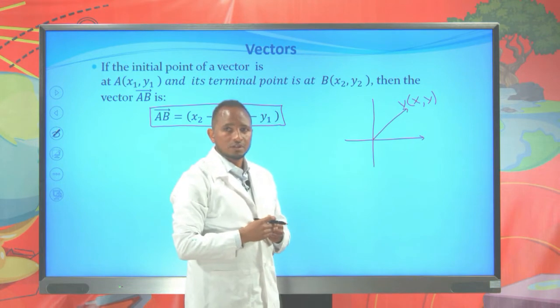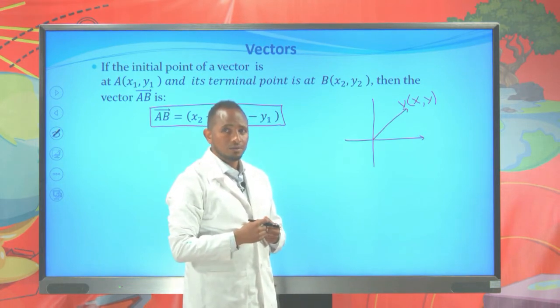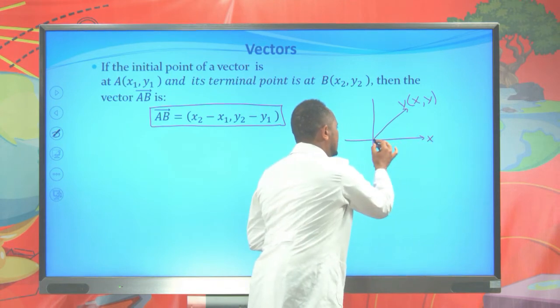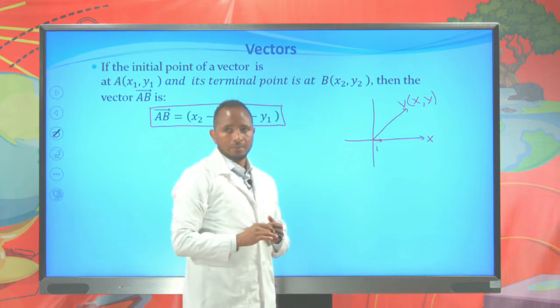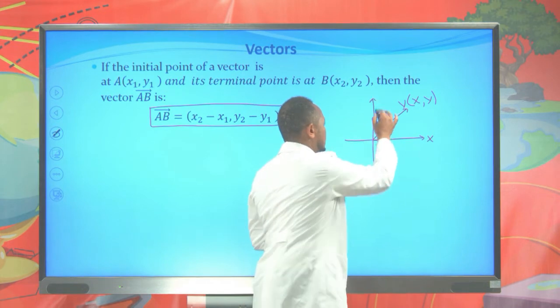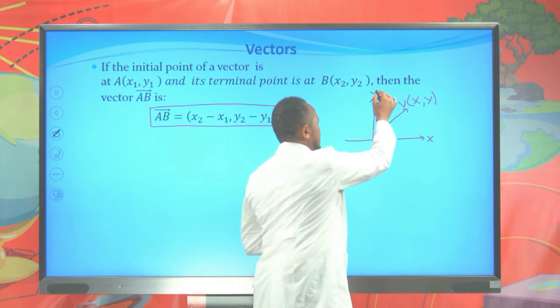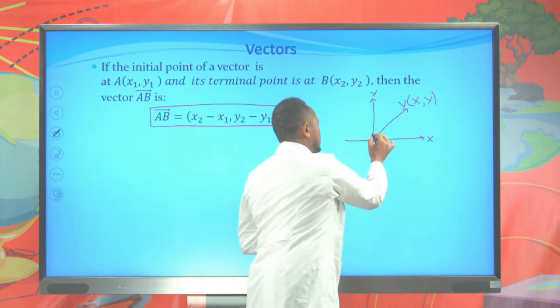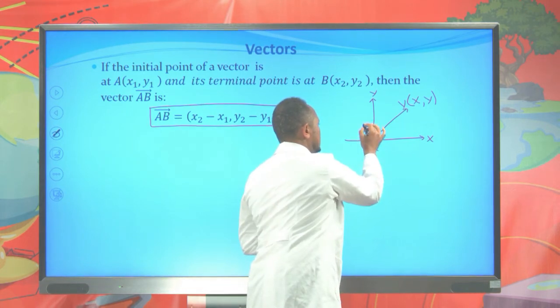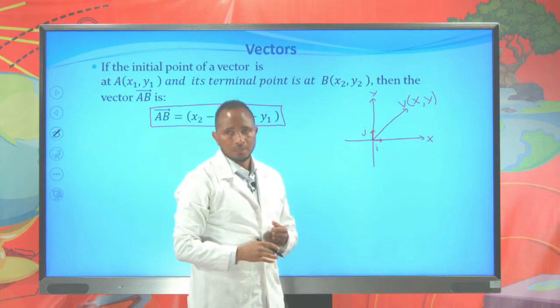A unit vector is a vector whose magnitude is 1. The unit vector along the x direction is given by i, and the unit vector along the y-axis is a vector whose magnitude is 1 and whose direction is along the y-axis. It's denoted by j.